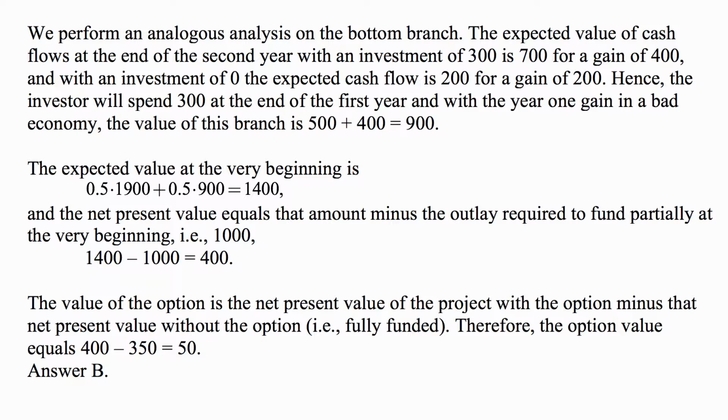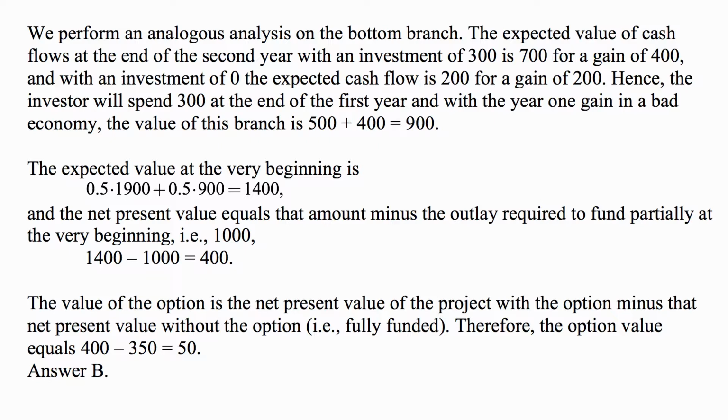The expected value at the very beginning is the average of this 900 and 1900 from the upper branch, which is 1400. And the net present value equals that amount, which we just calculated, minus the outlay required to fund partially at the very beginning, so 1000. That's 1400 minus 1000 is 400.